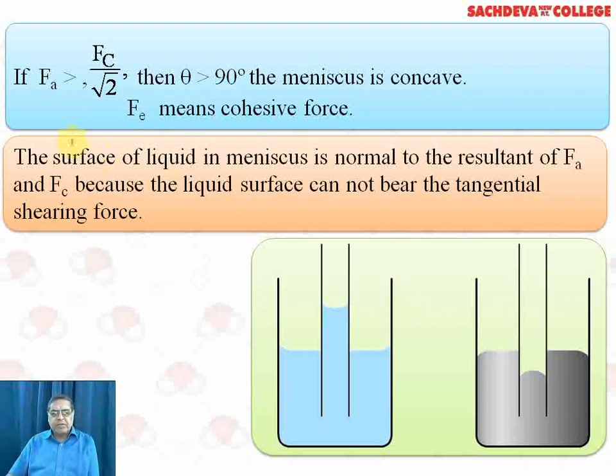So the surface of the liquid in the meniscus is normal to the resultant of Fa, the adhesive force, and Fc, the cohesive force, because the liquid surface cannot bear the tangential shearing force.